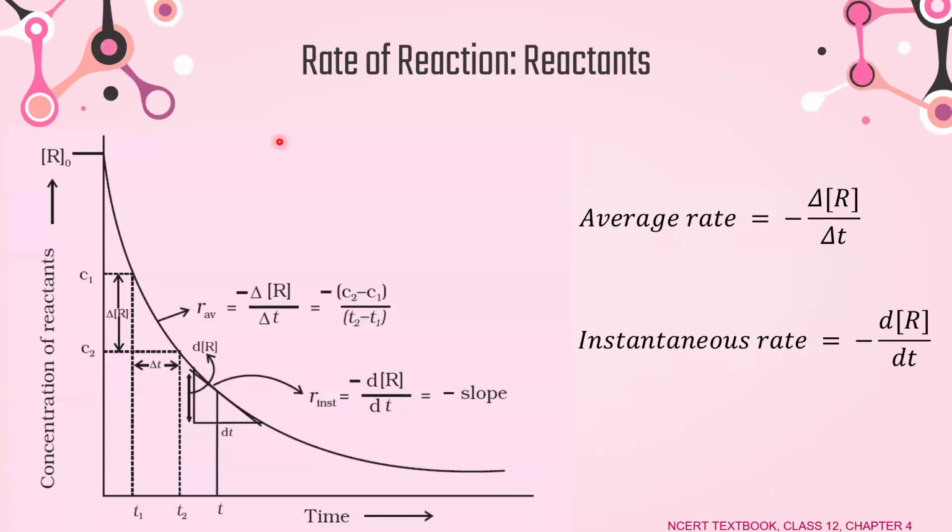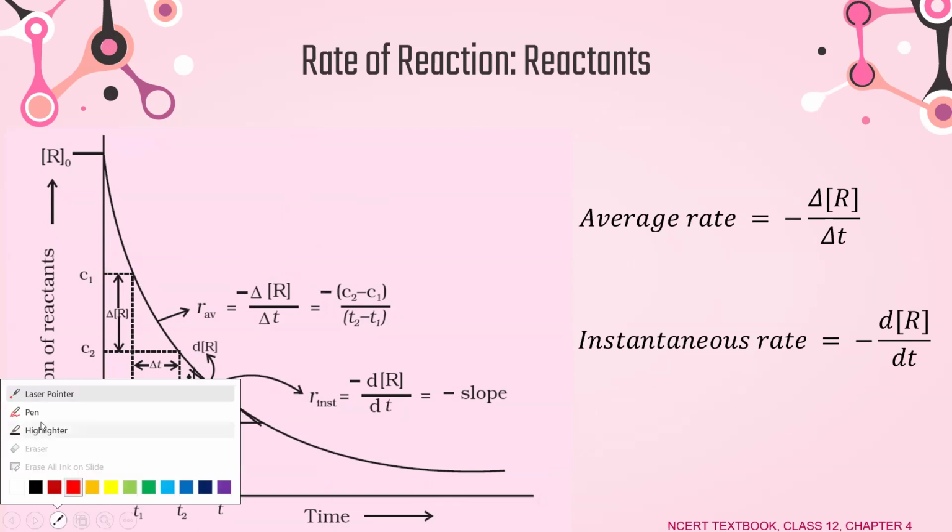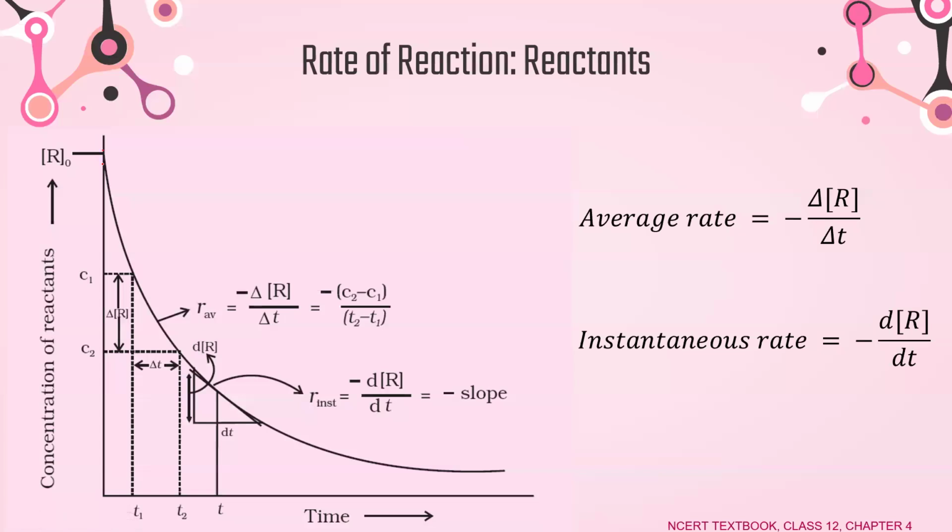Now let's talk about the change in the concentration with respect to time through a graph. We are going to see the rate of reaction with respect to reactants first. Over here we see a graph, and may I ask you why the graph is going down like this and not like this?